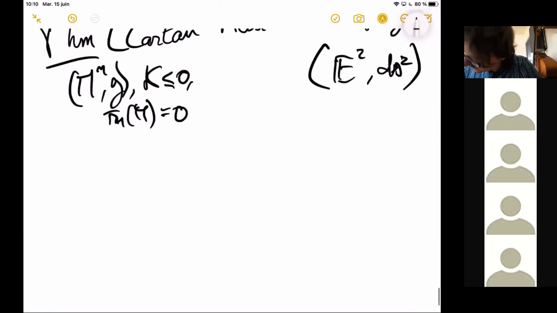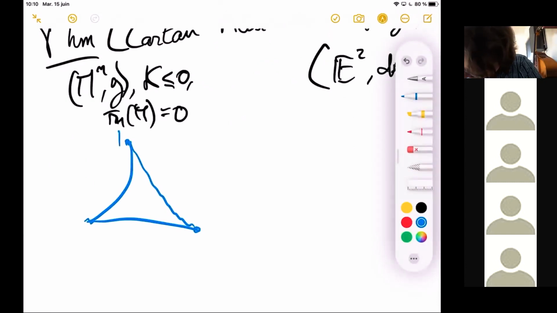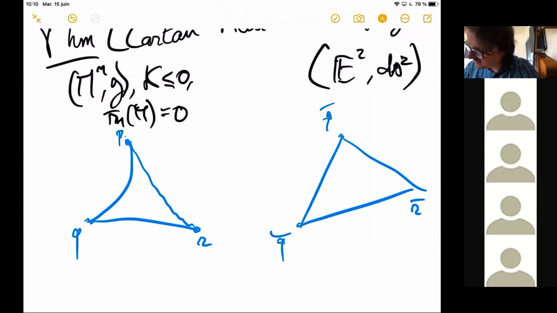My first triangle P, Q, R, then my comparison triangle P bar, Q bar, R bar.